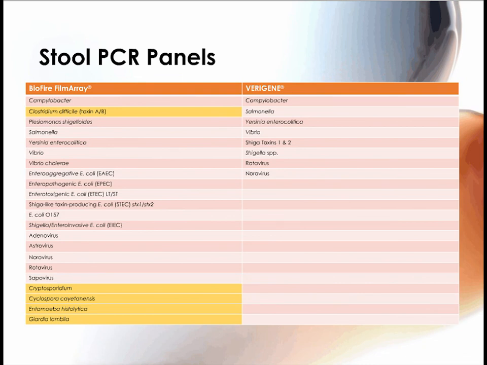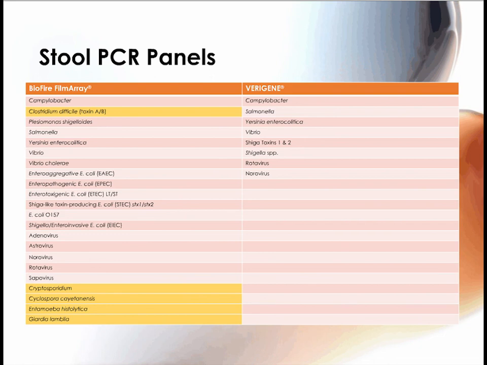The BioFire has multiple other targets, and also has a very interesting group of targets for parasites, but also includes Clostridium difficile. One of the advantages that we found in the VeriGene is being able to create custom panels. We are able to create a subpanel for bacteria or only a viral panel.